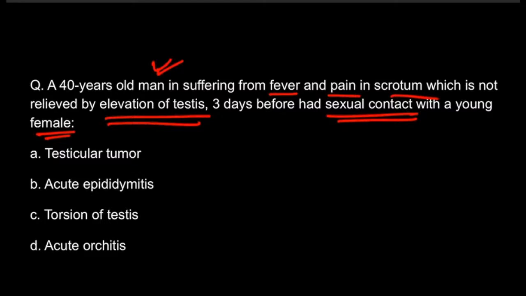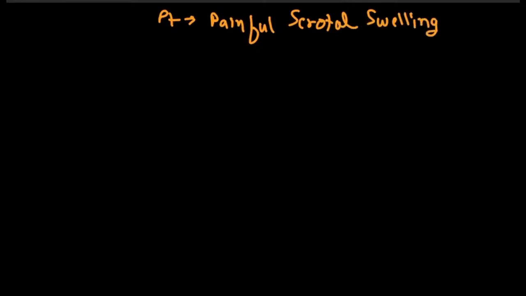So okay, let's break it down. There is a man who is suffering from pain in the scrotum and everything, but the point we need to note is that the pain is not relieved on elevation of the testes. So this gives us a diagnosis of torsion of the testes. So guys, whenever a patient comes to you with a painful scrotal swelling, you have two main differential diagnoses.